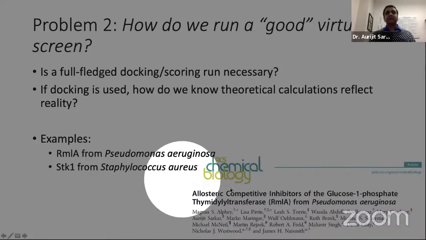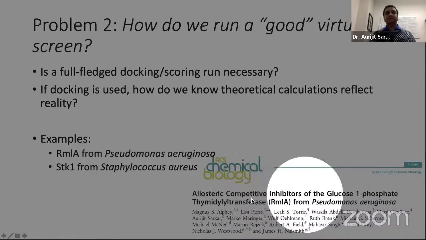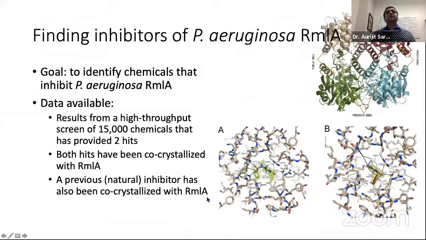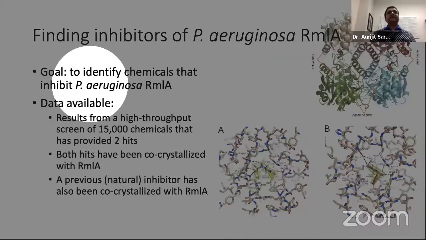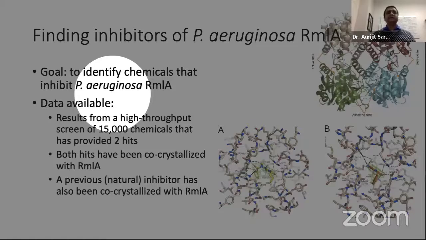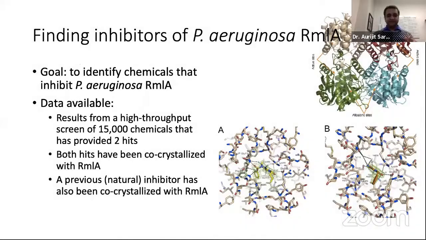So the RMLA work was published right over here. So let's talk about RMLA. The goal was to identify chemicals that inhibit a protein called RMLA, which is a glycosyl transferase. It is required for Pseudomonas aeruginosa to survive inside a host.